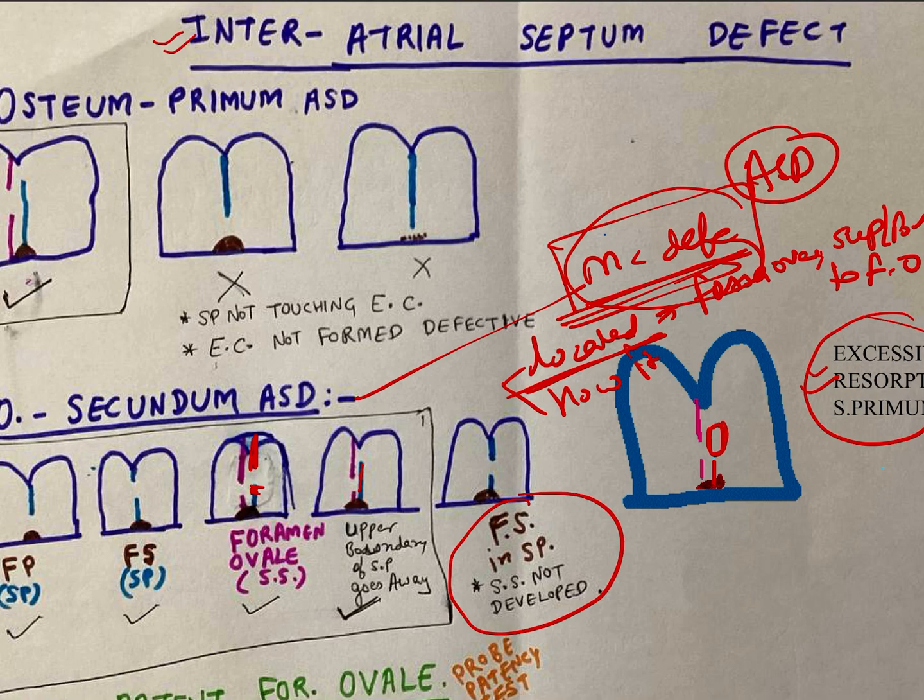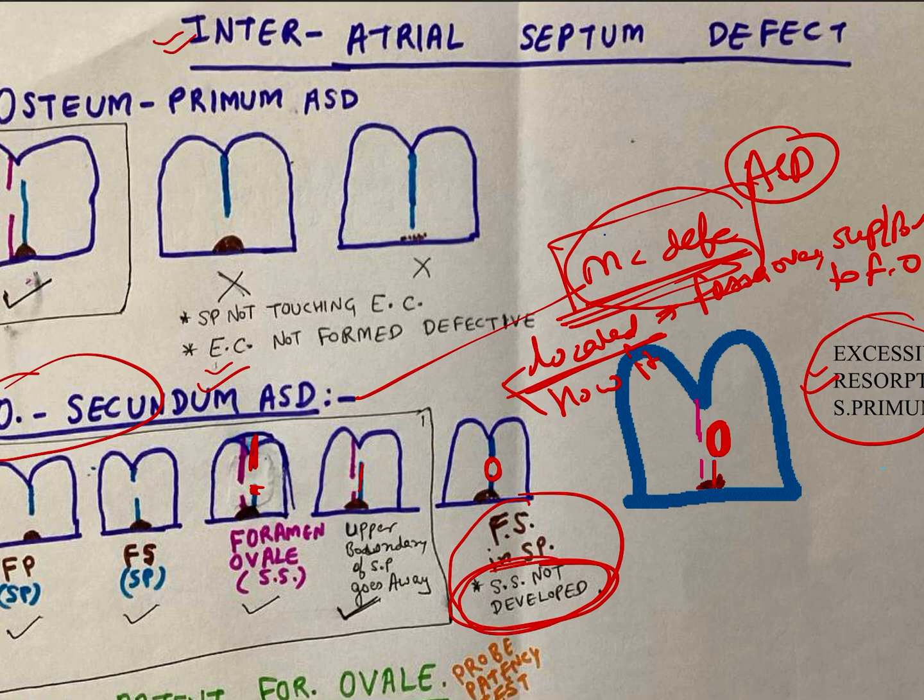Here is our foramen secundum. This foramen secundum opening is comparatively more, hence it is known as ostium secundum ASD. The second reason may be if there is no formation of the septum secundum, or the septum secundum is not developed completely like this, then there is more foramen secundum, hence it is known as ostium secundum ASD.